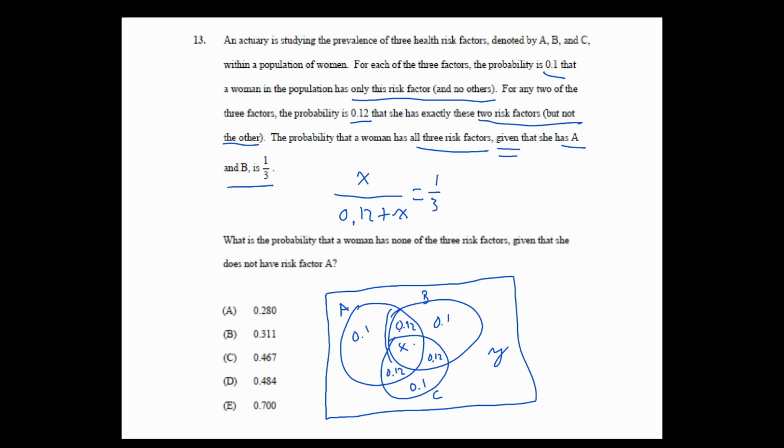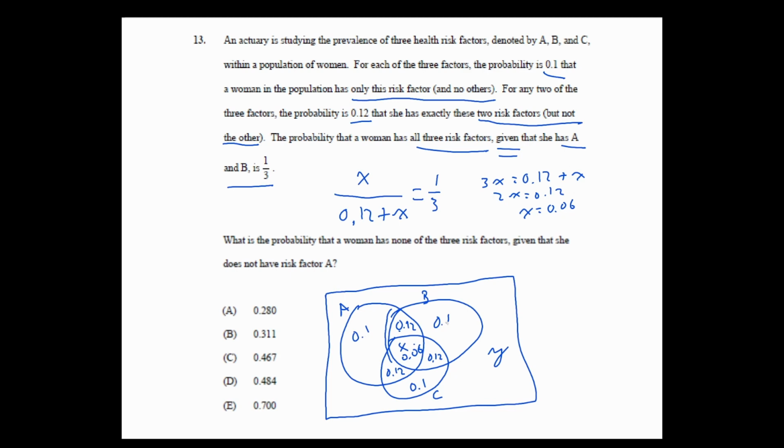So with this, let's just do some algebra. We know that 3x is equal to 0.12 plus x. So that means 2x is equal to 0.12, which means x is equal to 0.06. So that means this intersection where all three risk factors converge is going to be 0.06.